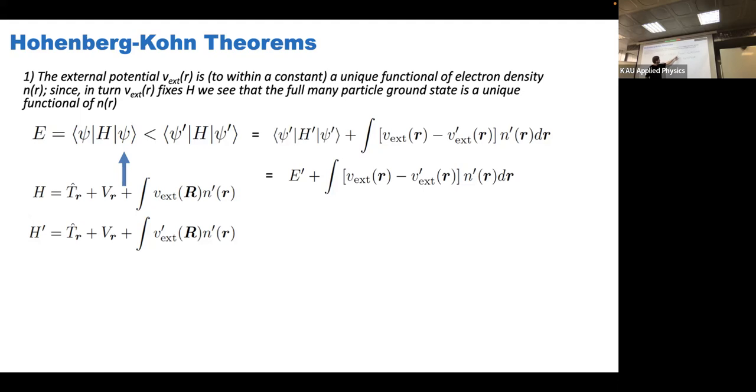What I get is the energy E prime, psi prime H prime psi prime, plus some difference of external potentials. And we think that these external potentials are totally different, different by more than a constant. Because if they differ by a constant, we don't have anything interesting; it will be just a constant.